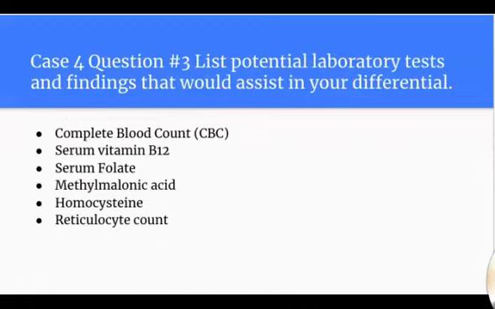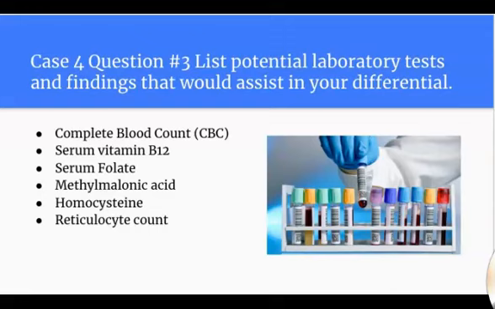Lastly, the third question asked me to list potential laboratory tests and findings that would assist in your differential diagnosis. So there are many tests that can be performed in order to assist in the diagnosis of a B12 deficiency. A complete blood count will show macrocytic anemia with an increased mean corpuscular volume. Serum vitamin B12 levels will be low in the case of a vitamin B12 deficiency.